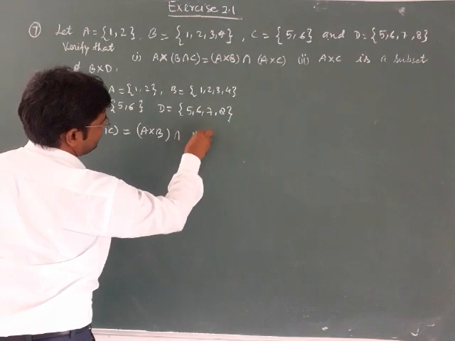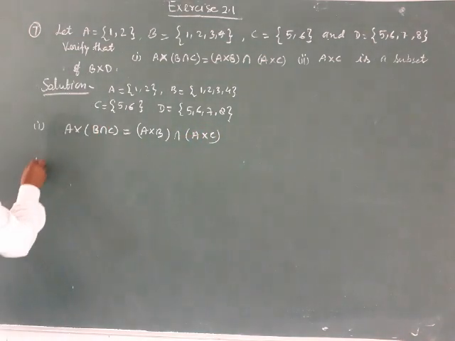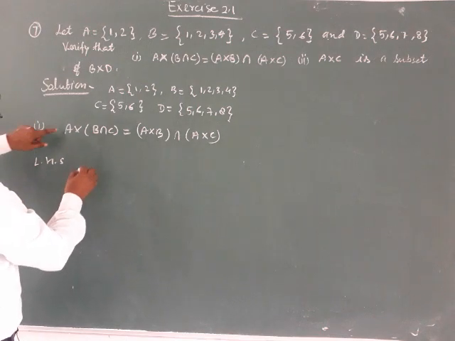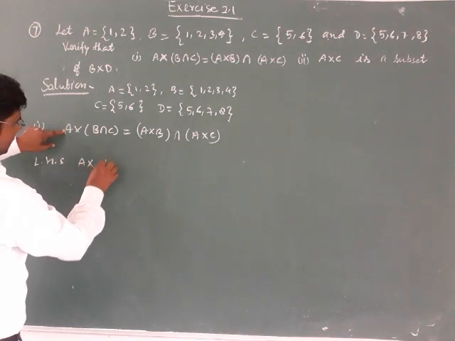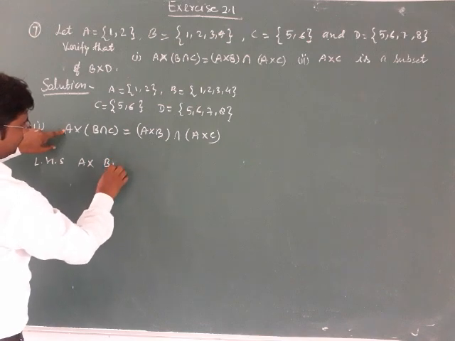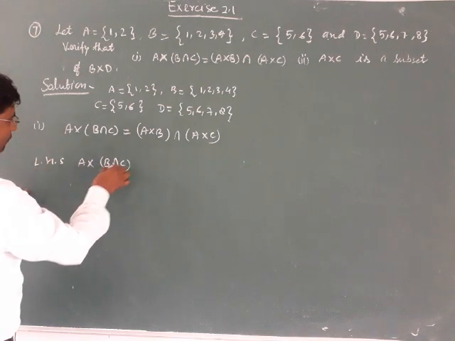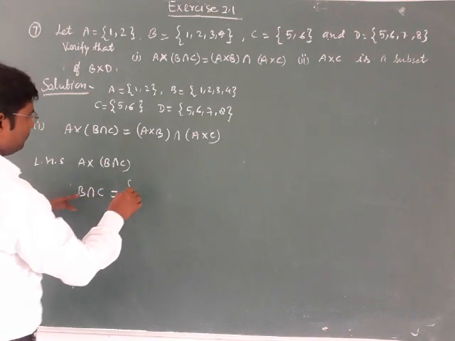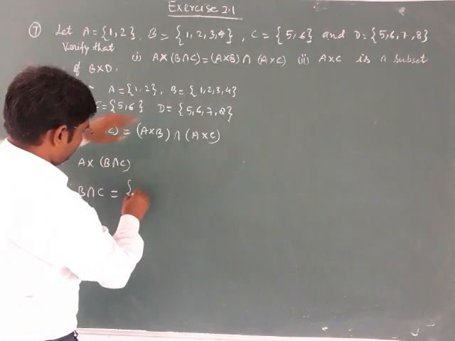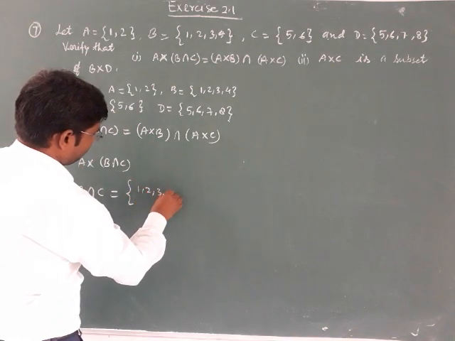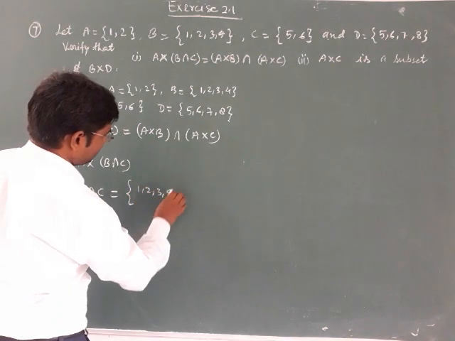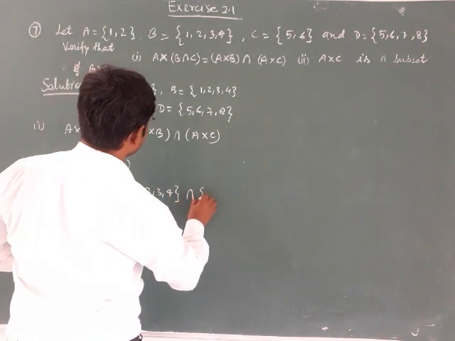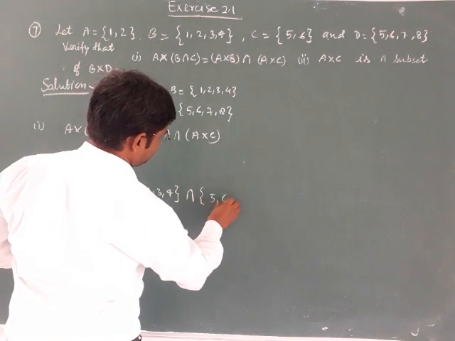So now taking LHS, A cross (B intersection C). Now we find B intersection C, where B has elements 1, 2, 3, 4 and C has elements 5, 6.